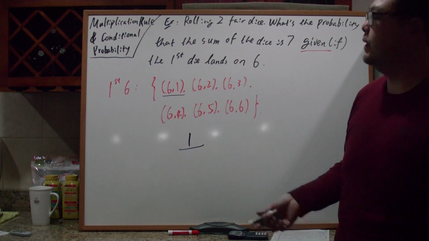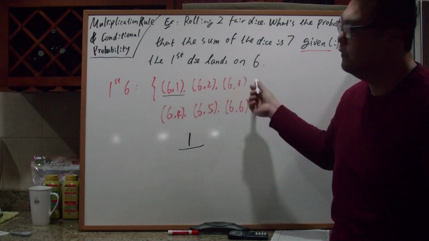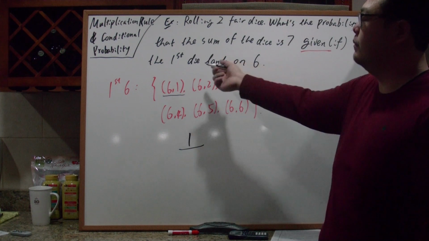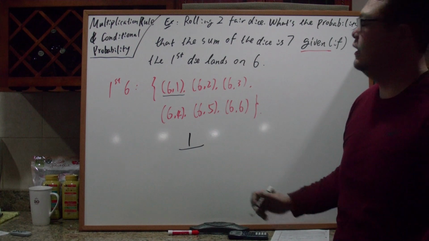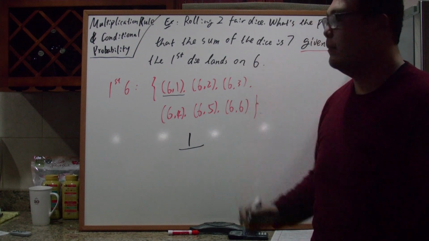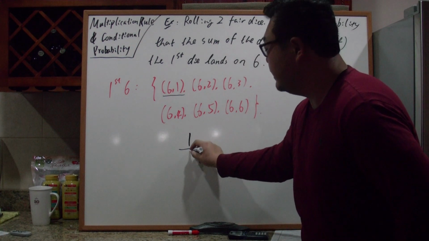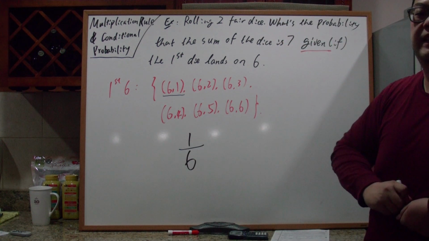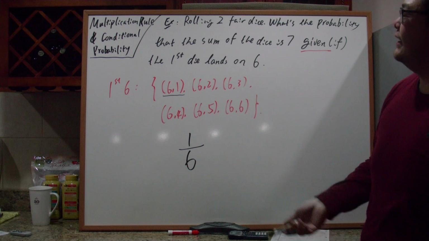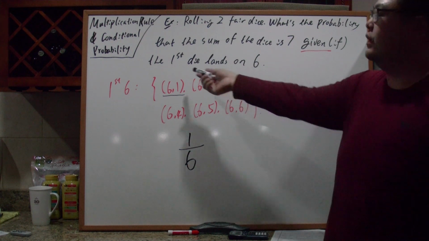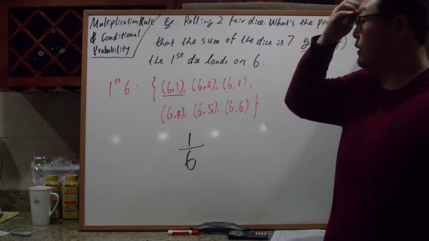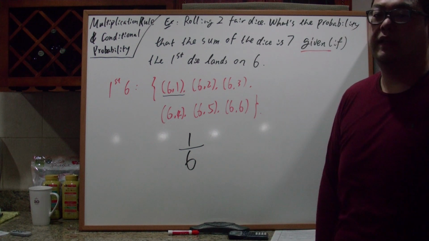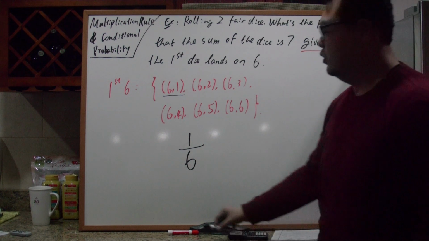So we get the probability of 1 out of, instead of 36, we have the given part, a stronger condition, which makes the sample space smaller, which is 1 over 6. The new probability will have a different denominator instead of that.